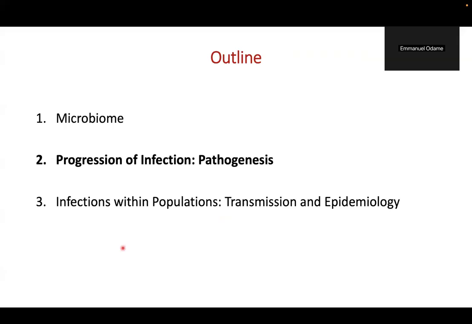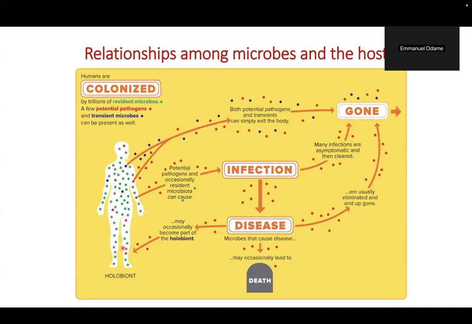So now that we understand what normal microbiota is and what opportunistic microbiota is, let's talk about the progression of infection, specifically pathogenesis. So just imagine this as you, which is your body.